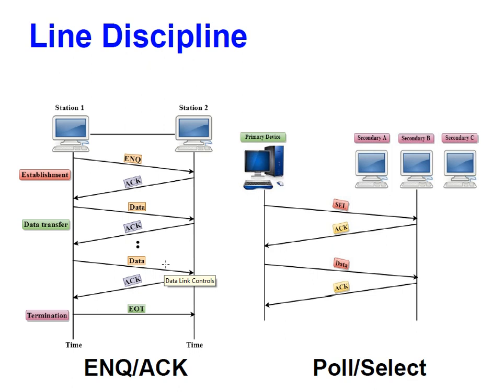That is what we see under line discipline control. ENQ stands for inquiry, and ACK is the handshaking acknowledgement. This ENQ and ACK handshaking coordinates to identify the device which will start and which will transmit to the next device, and finally it goes for termination.